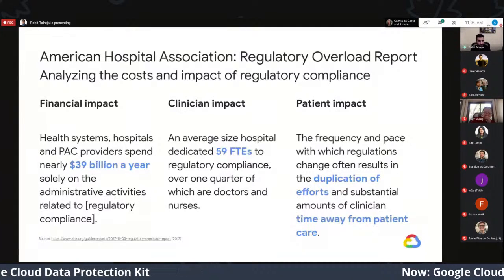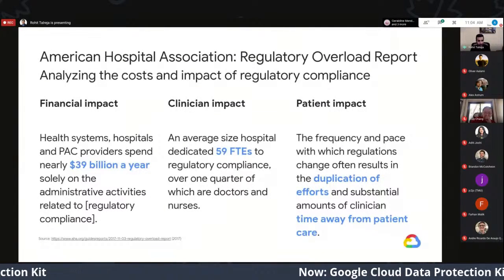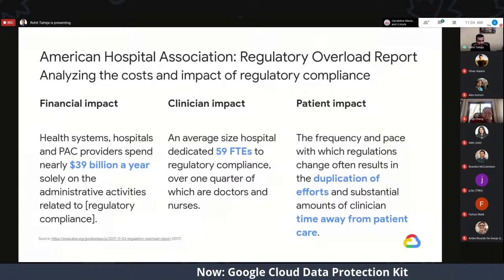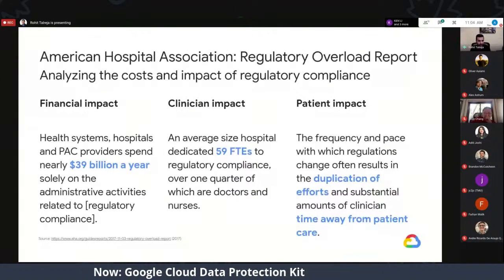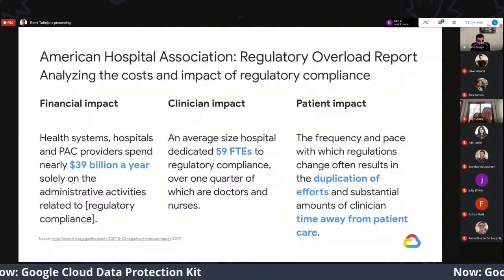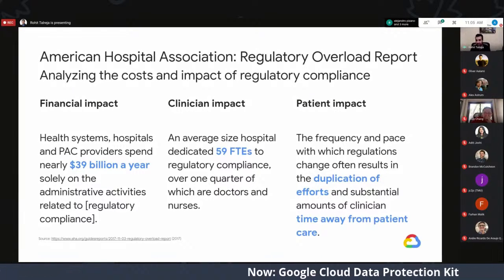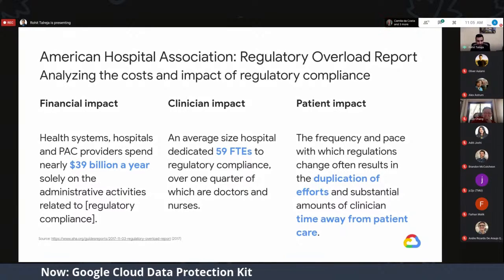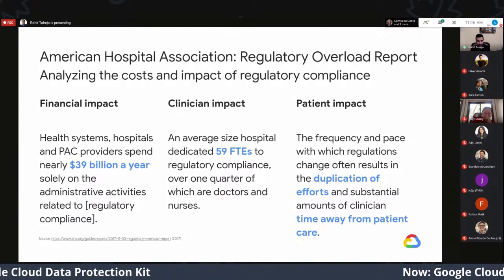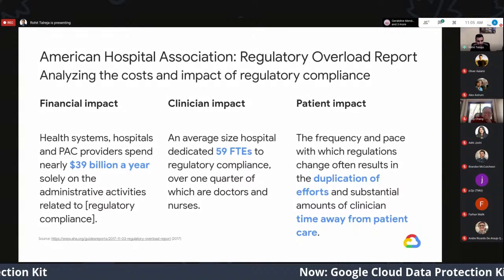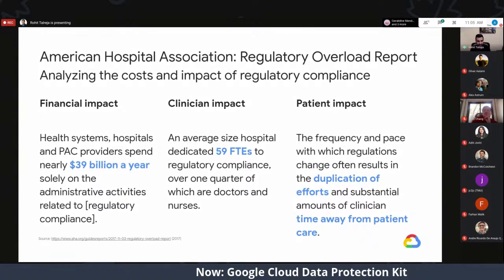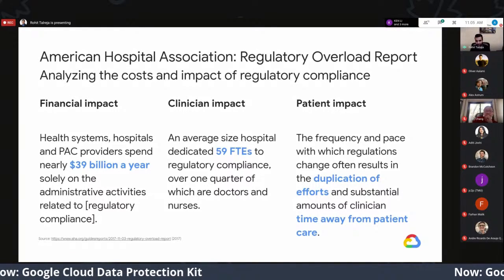Our driving goals are to take the amount of money spent in the healthcare system, about $39 billion a year on administrative and technical activities related to compliance, and try to reduce that. Then there's the clinician impact, which is about 50 or 60 full-time employees, maybe between 10 and 20 medical staff, doctors and nurses, and try to reduce that.